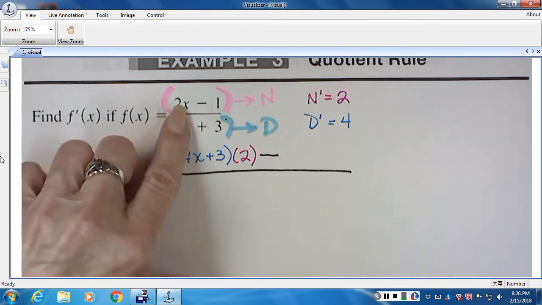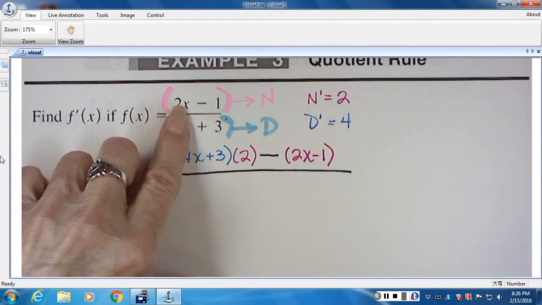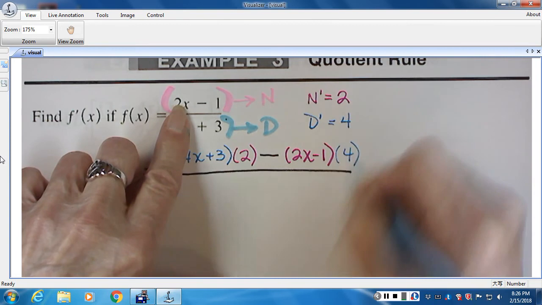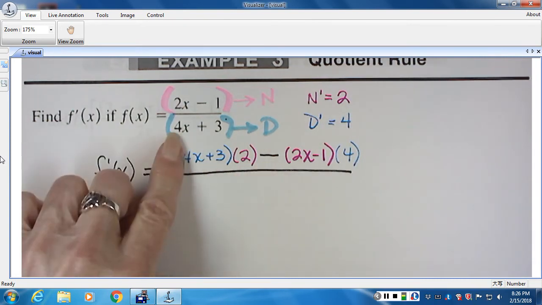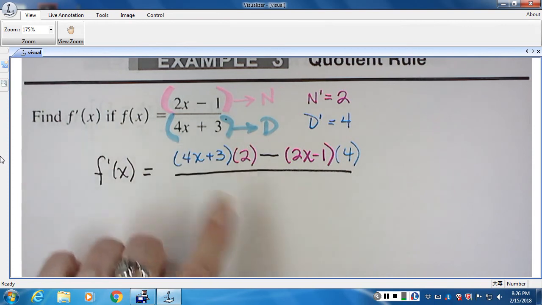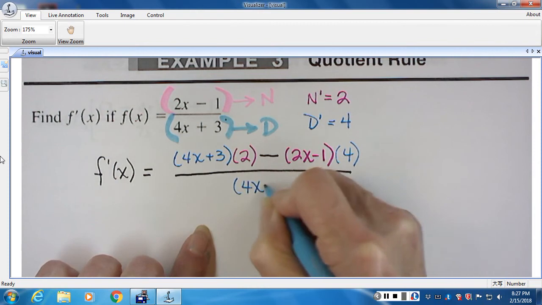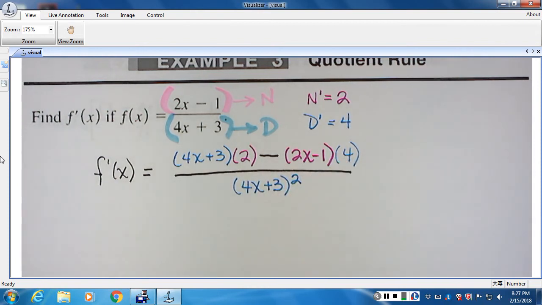Then it takes the numerator, and the numerator partners up with the denominator's derivative, which is very much similar to what we did before, except we're subtracting, and we had to start with the denominator, and then you also end with the denominator. And the denominator actually gets squared. It's the denominator times itself in the denominator. Okay? A little more complicated.